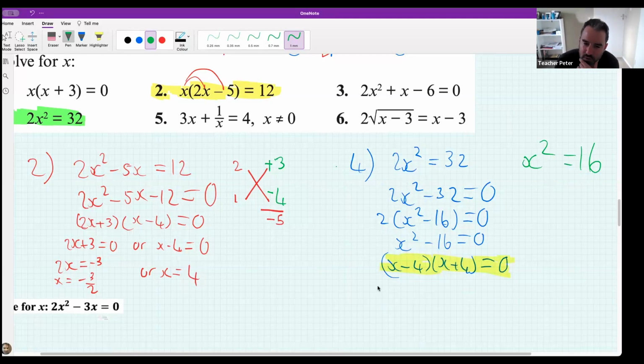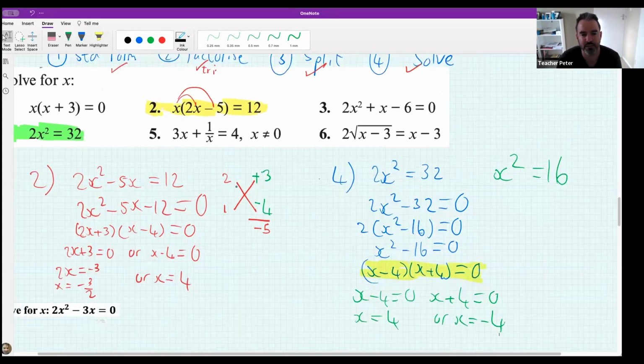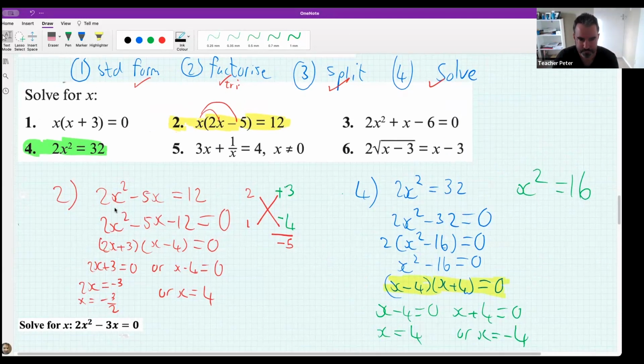Fantastic. So now we have x plus 4 equals 0, x equals minus 4. So 4 and minus 4 is basically the answer there. But that was a really good question, and it reinforces this idea that there are different ways to do things. And once you are confident, you'll start to see them as well.